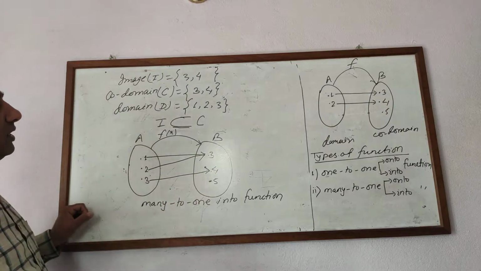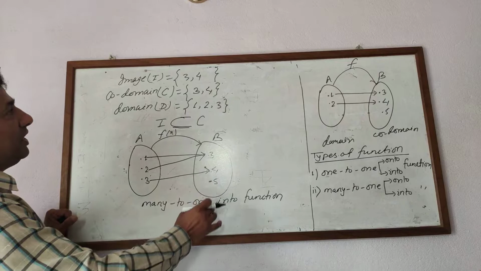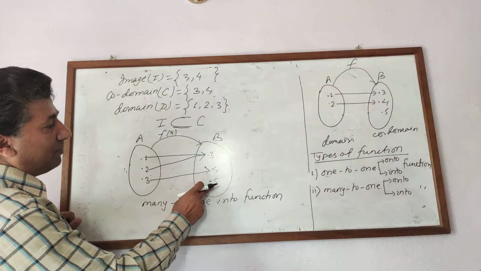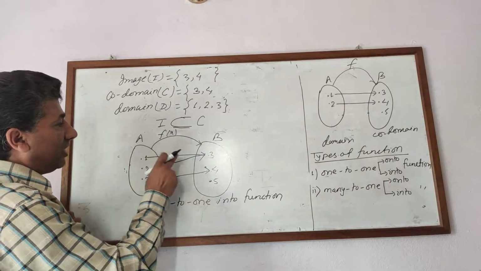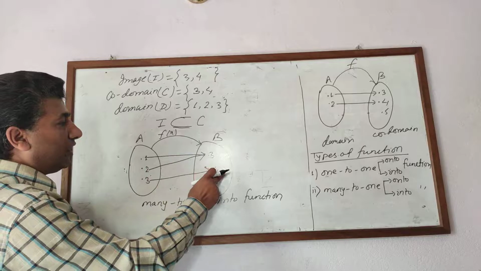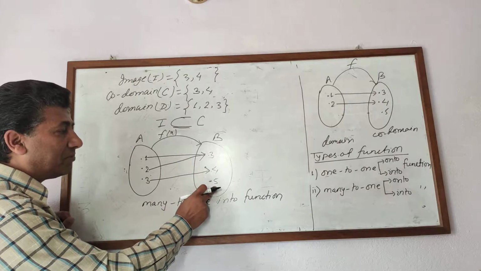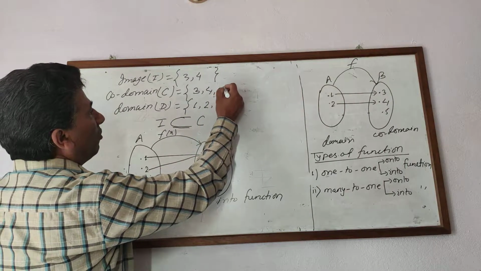Right now, this 5 doesn't have its pre-image. In this set B, elements of codomain: 3 is image of 1, 3 is image of 2, 4 is image of 3, but this 5 doesn't have its pre-image.